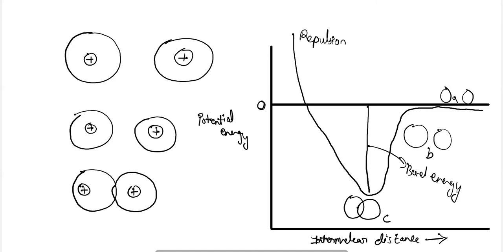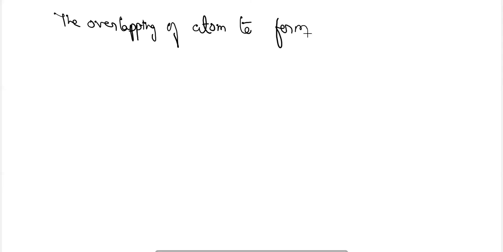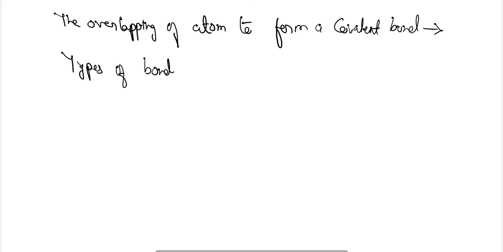Now according to this theory, the overlapping of atoms to form a covalent bond has been discussed here, and according to this, two different kinds of bonds have been proposed.